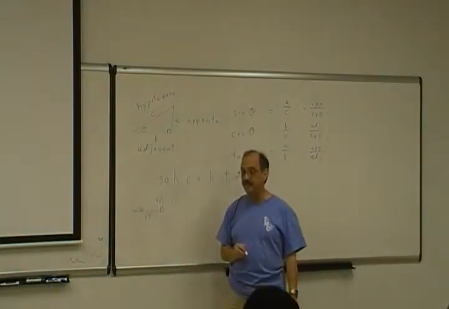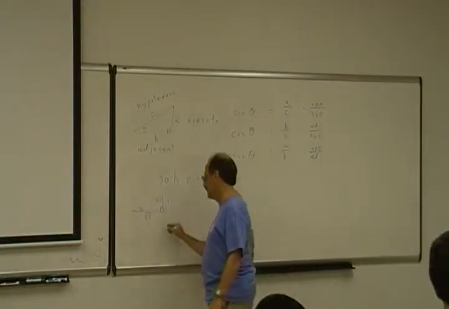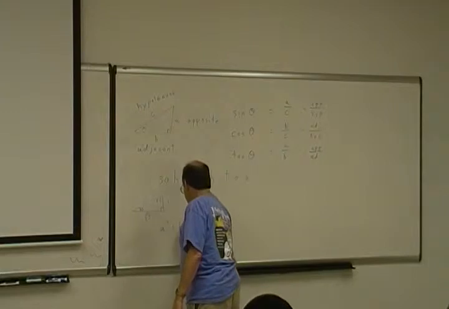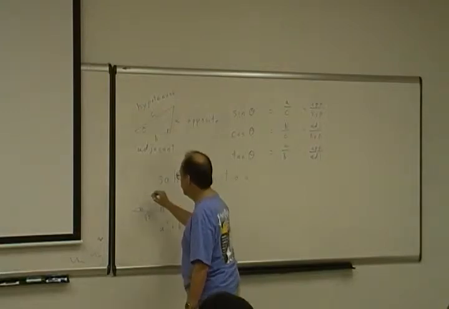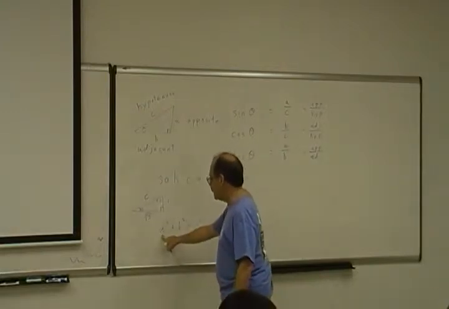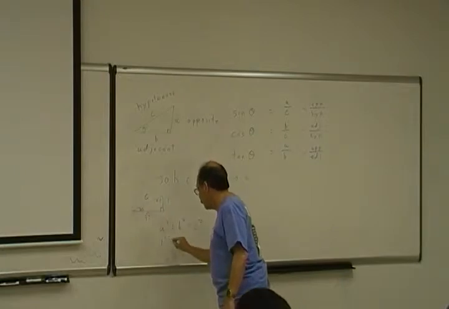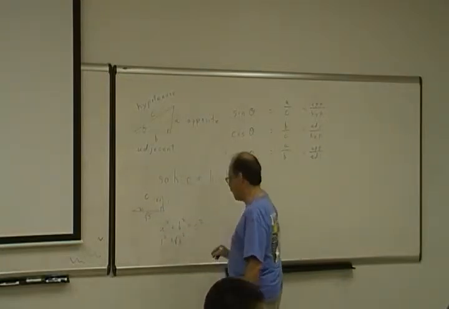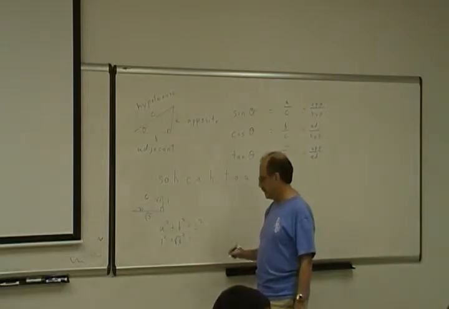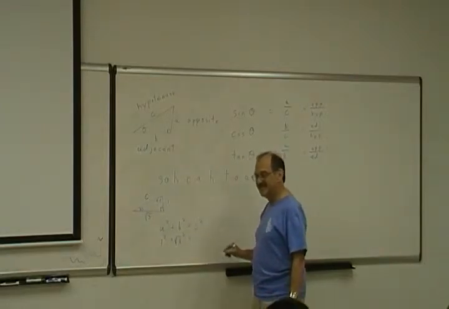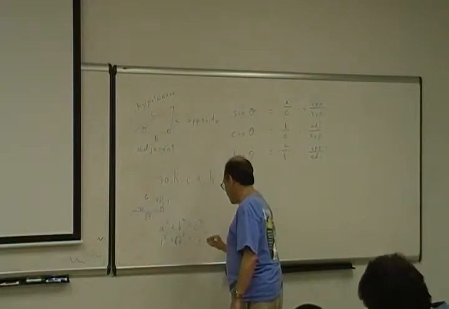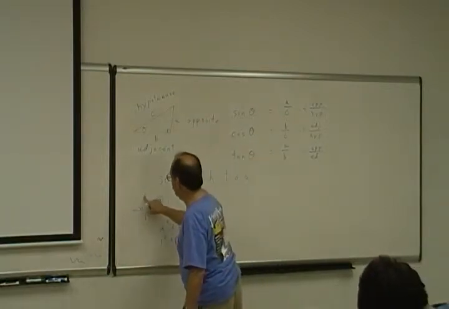Do you know the Pythagorean theorem? What does it say? A squared plus B squared equals C squared. So this is C. A is 1. B is the square root of 3. So what's C squared? C is 2. So that side is 2.